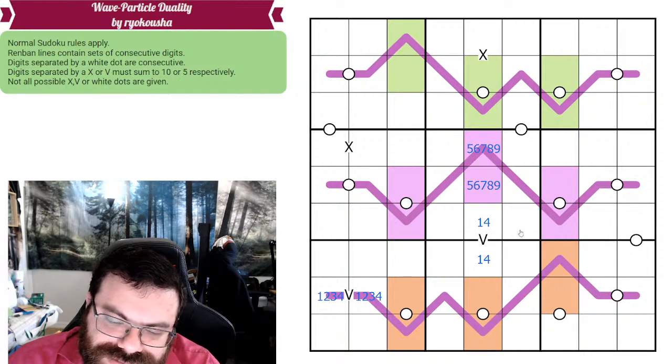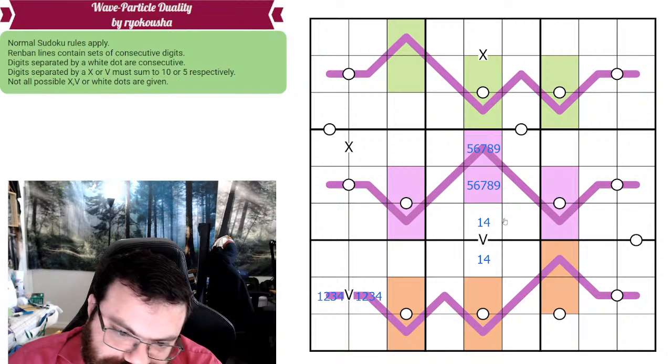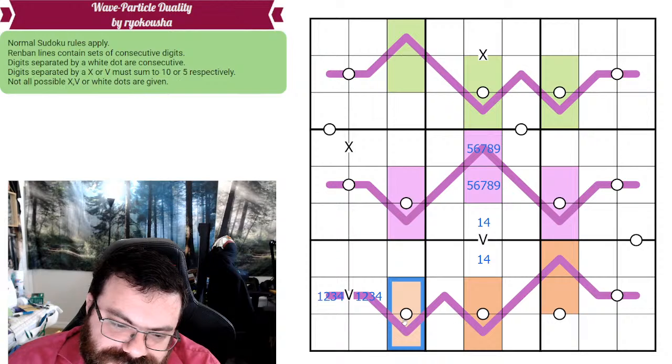This can't be 4. We rule out 1-2, 2-3, or 3-4 from here.